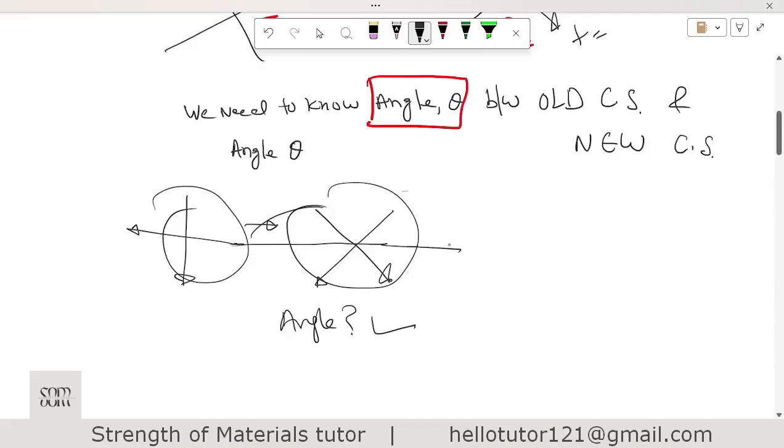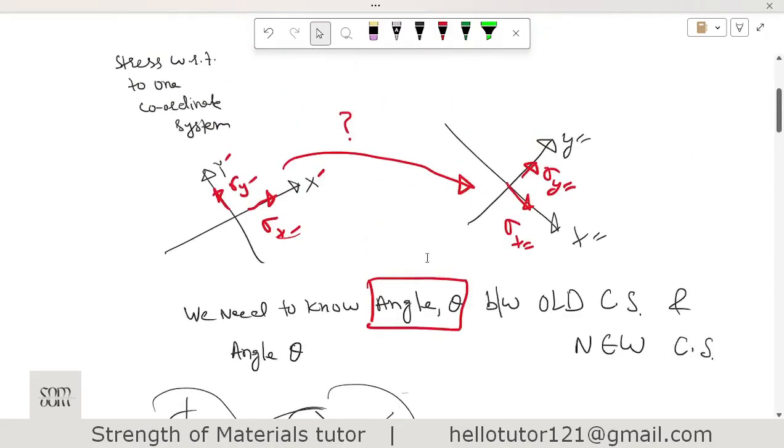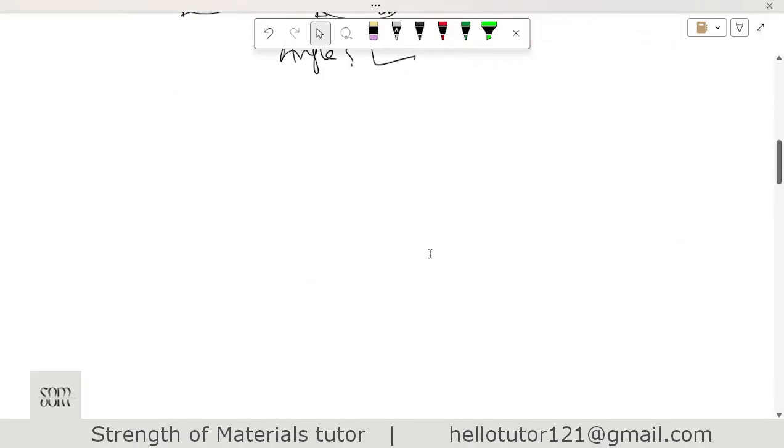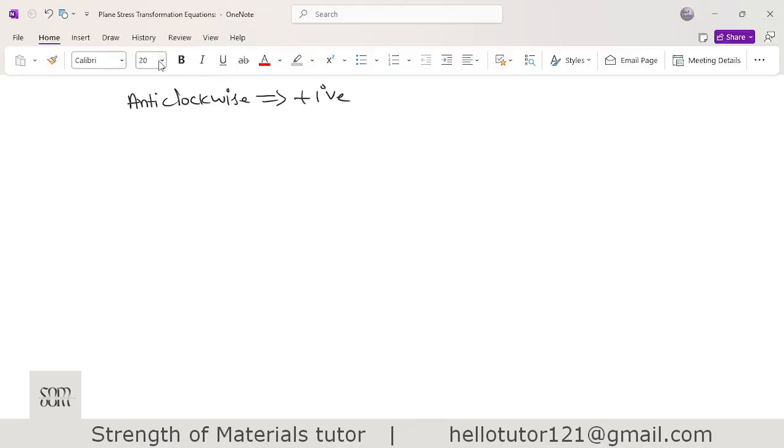So the angle between the two is important. To know the angle, we keep our standard rotation: anti-clockwise rotation. We keep it as standard and it is positive. Let me show you here.